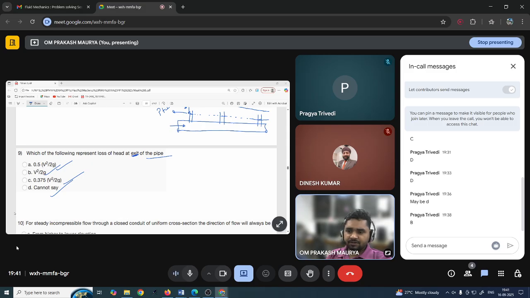Please just try to write your answer. These loss estimations are very important, because they directly affect the efficiency of the flow. Based on the loss, you will design your pump and all.